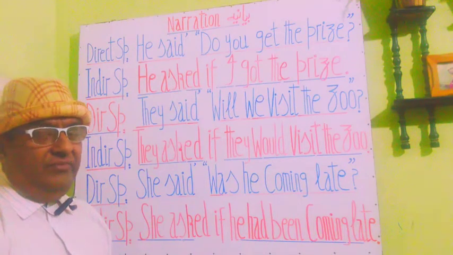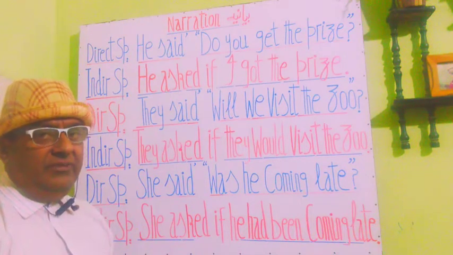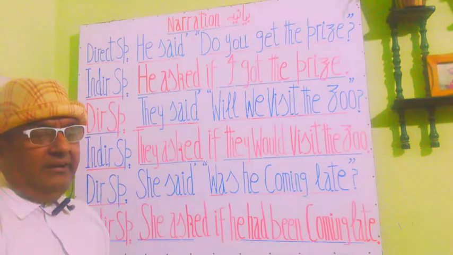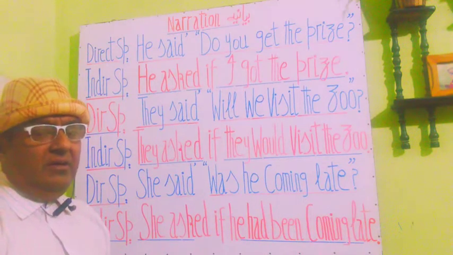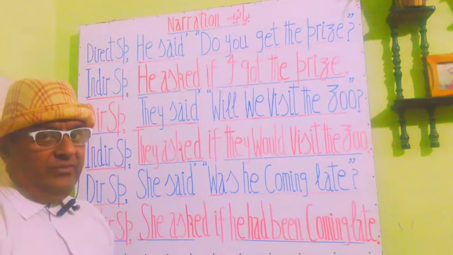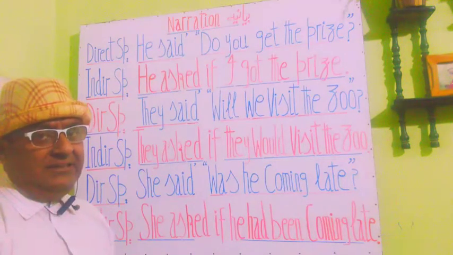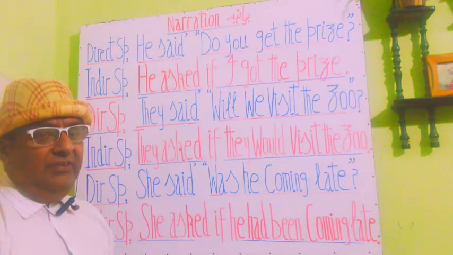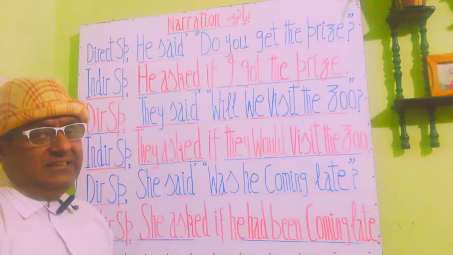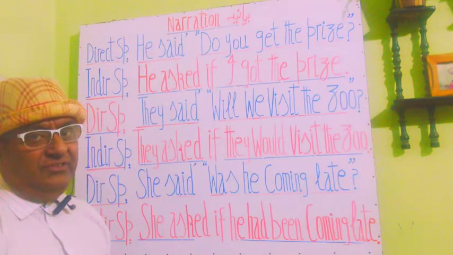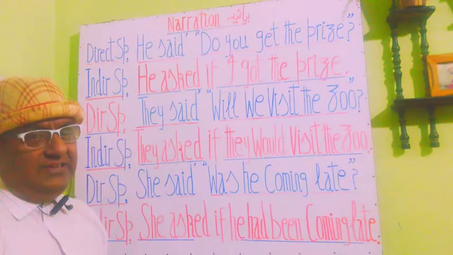After "if", we put "they". And "will" is a verb that changes into "would" because the outer statement is in the past. So: they asked if they would visit the zoo. A beautiful phrase.